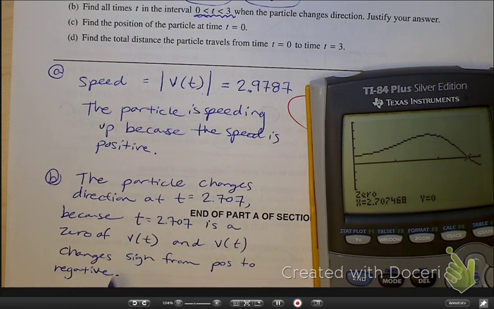That implies that the particle is moving to the right and then it starts moving to the left, which is why I know that it's changing direction. Again, I will spare you my over-explanation. That is also worth 2 points.